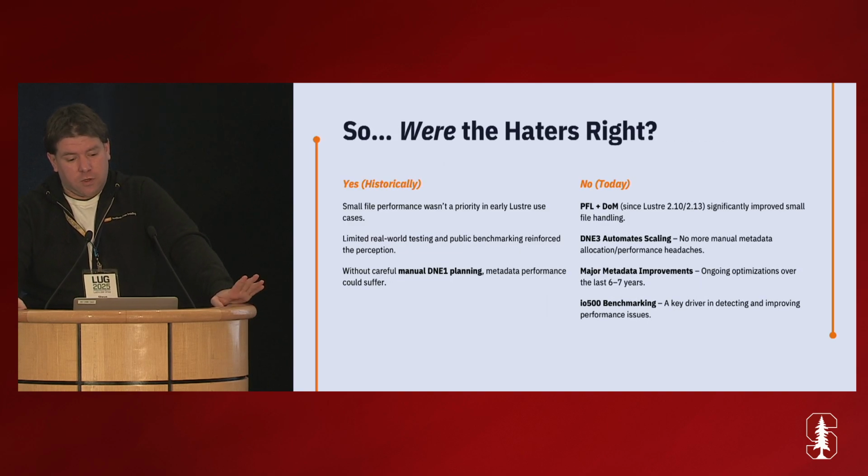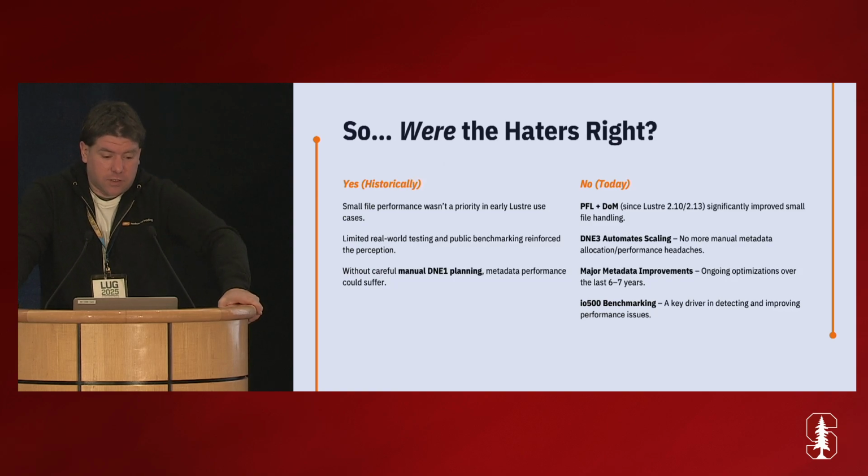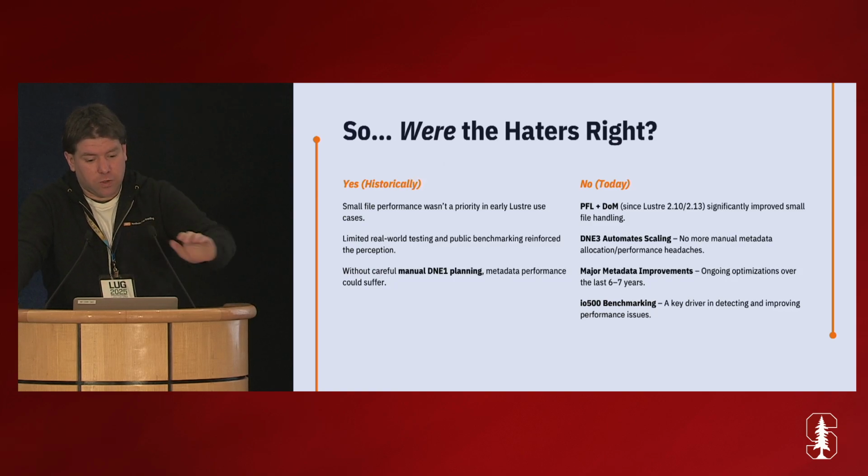So, were the haters right in terms of is Lustre bad at small files and metadata? Historically, I think it's a true statement. It really wasn't a priority from what I can tell. I think people wish it could be better, but there were investments in DNE1, but there wasn't an investment to tie it all together.